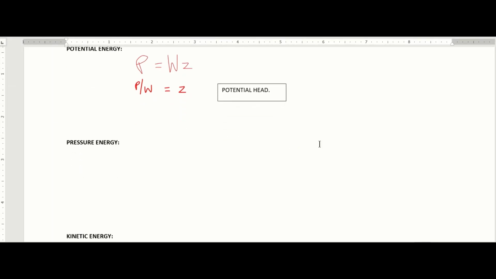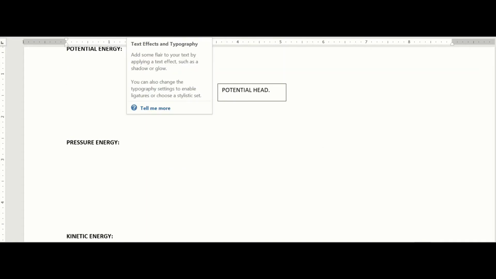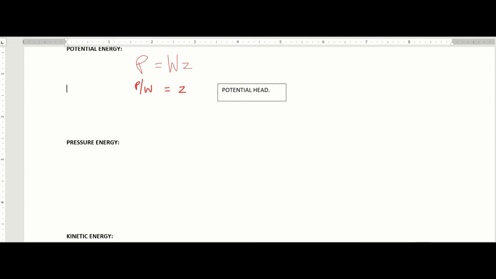Next is the pressure energy. When a fluid flows in a continuous stream under pressure, it can do work. So our pressure energy per unit weight is equal to the pressure over the specific weight.